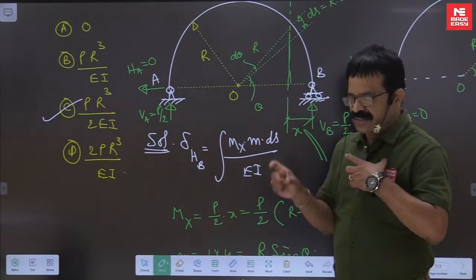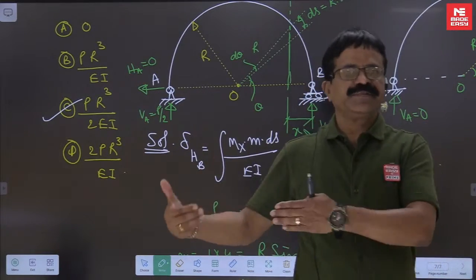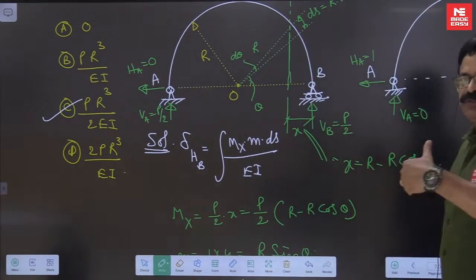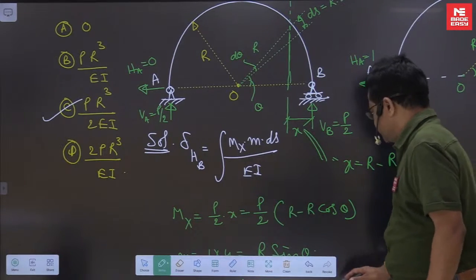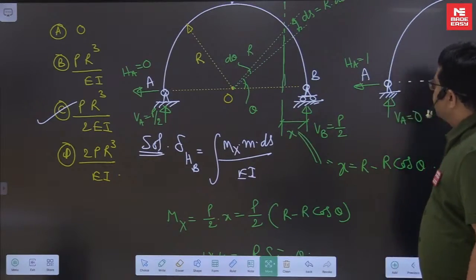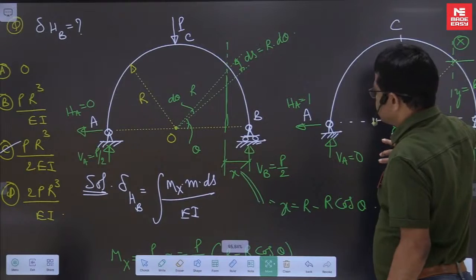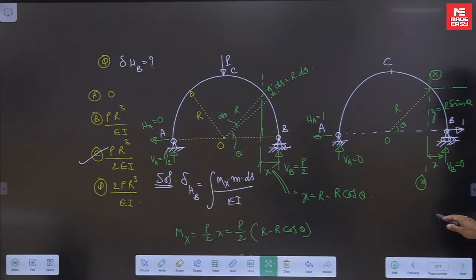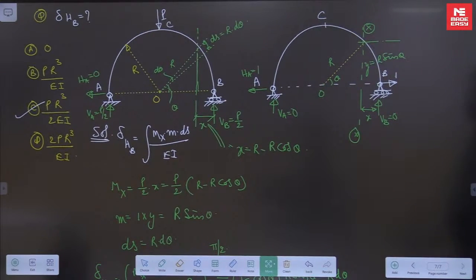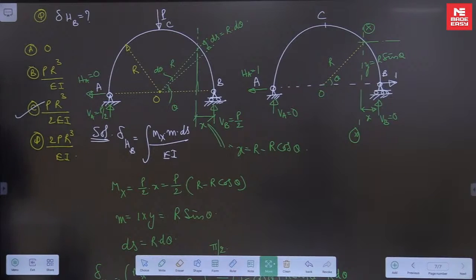If it is not a determinate structure, then you have to take moment distribution method or slope deflection method, because that will let you complete the problems fast if it is indeterminate. On the problem itself we have written the Mx diagram, small m diagram. One example I have explained, so it is similar to that.